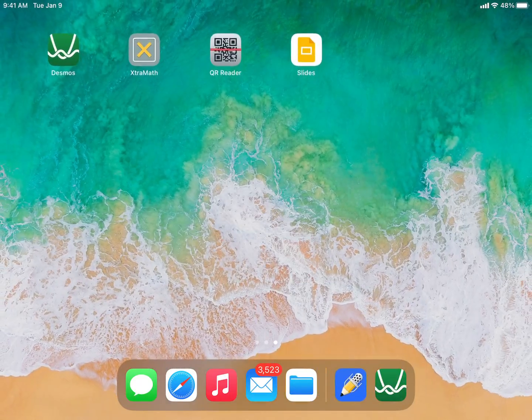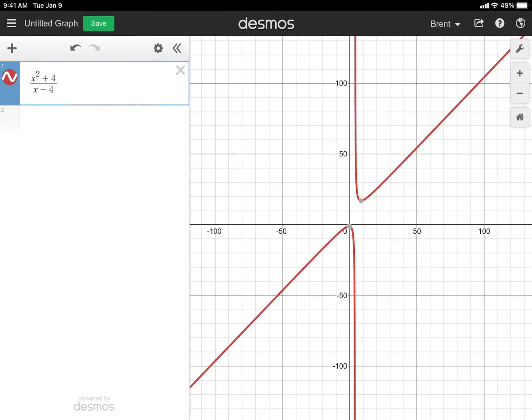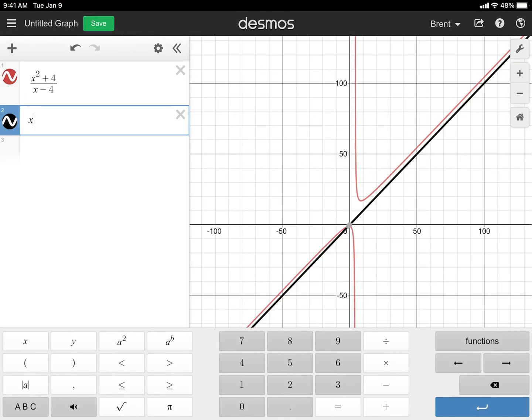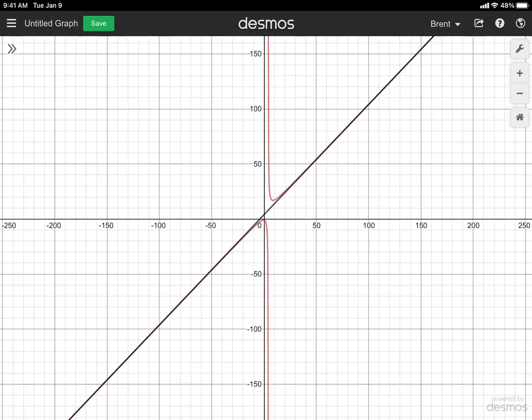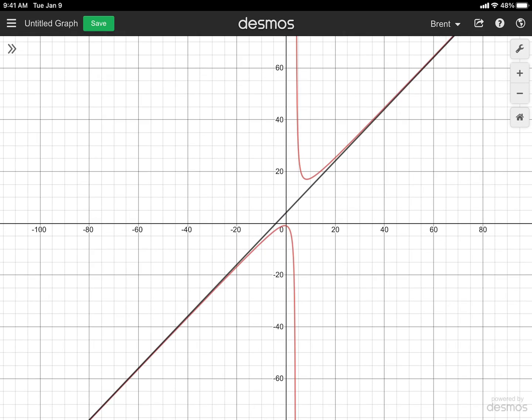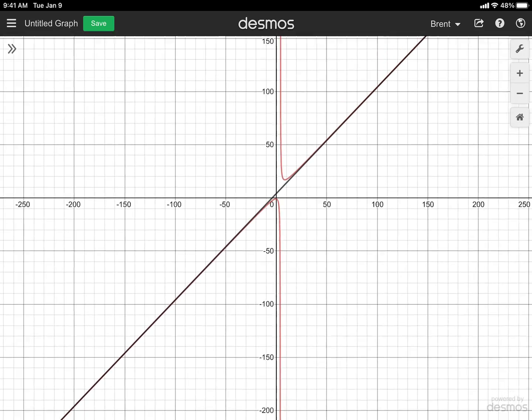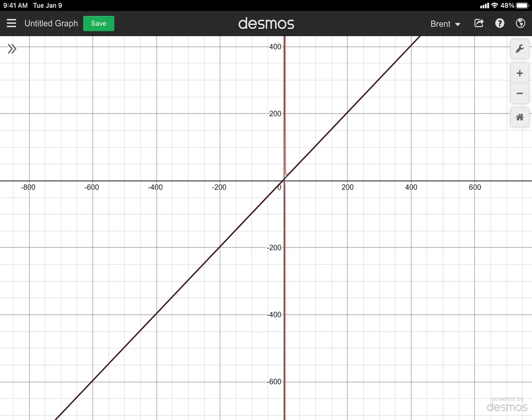And if we go back to the graph, we can plug in x plus 4, and you can see that outside of the area in the middle, when you get sufficiently large values of x, these are basically the same thing.